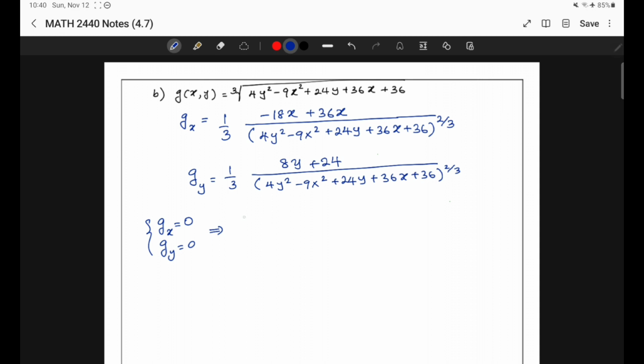So we get negative 18x plus 36 equals 0. From the second one, you get 8y plus 24 equals 0.